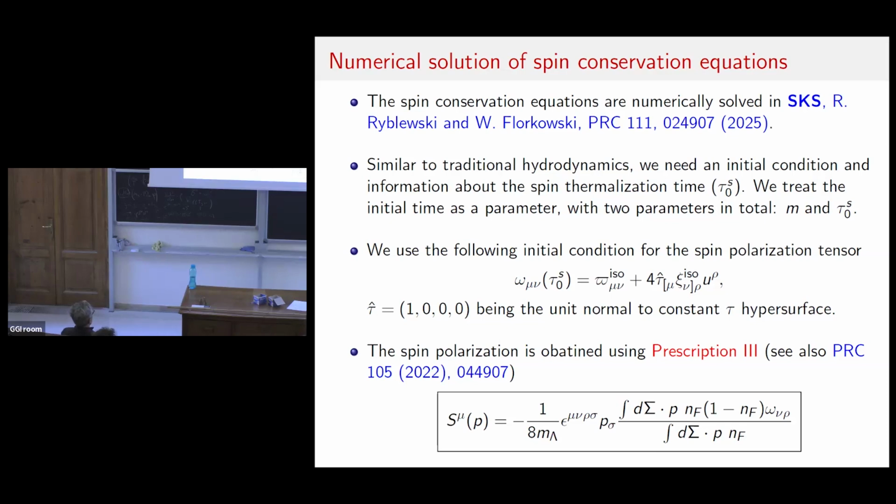Then with this prescription, we evolve our spin hydro, extract the spin potential on the switching hypersurface, and calculate the spin polarization using prescription 3. Now, this has also been derived by Matteo in this article in the GLW pseudo gauge. So in that sense, we are consistent.